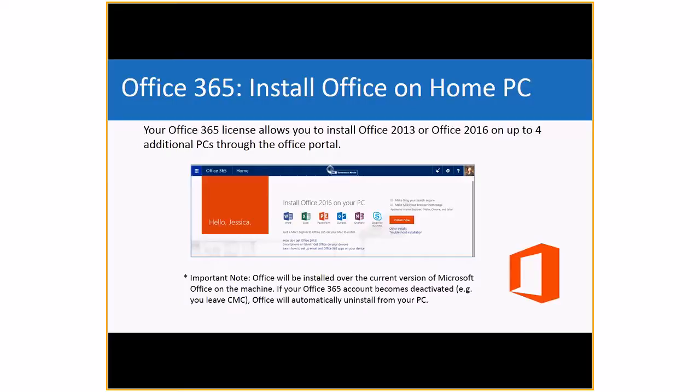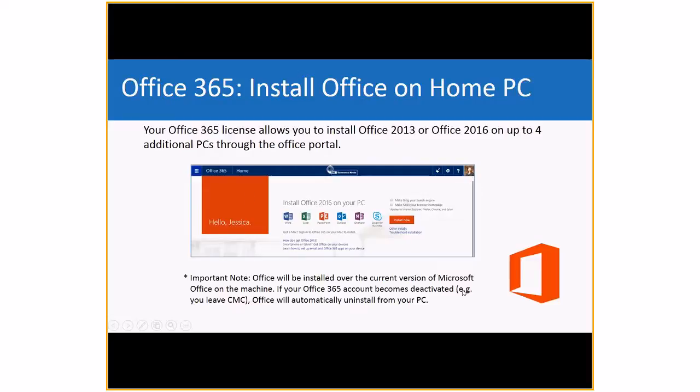That already has a version of Office that we're using throughout the enterprise. But if you have 4 more PCs, your children or your parents or friends, I guess, that live with you, you can install Office 2013 or 2016 just right here at the top of your portal.